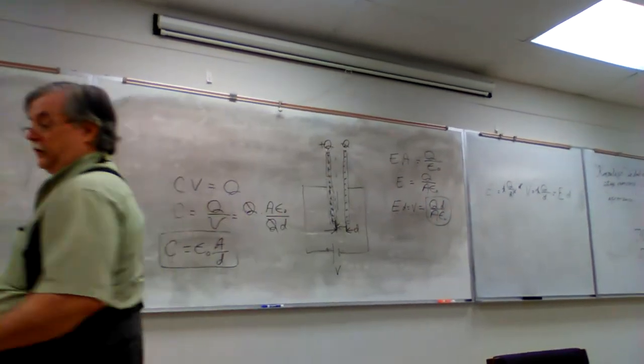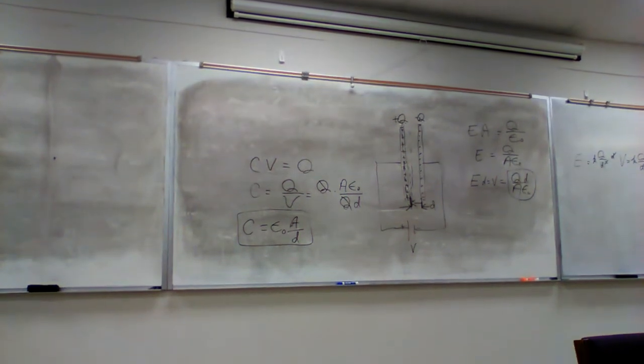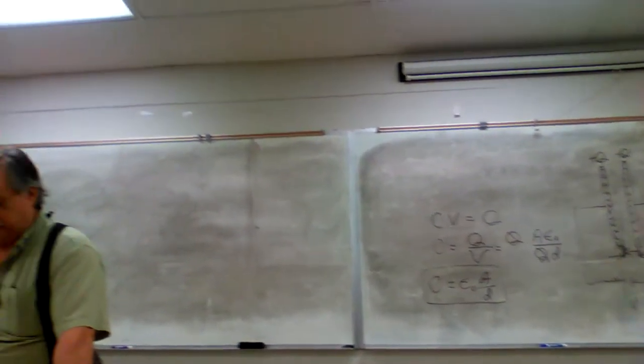Everybody break out your calculators, because you're going to have some arithmeticing to do. Calculate the capacitance of a parallel plate capacitor whose plates are 20 centimeters by 3 centimeters, 20 by 3.0. So we got two significant digits. And separated by a 1.0 millimeter air gap.